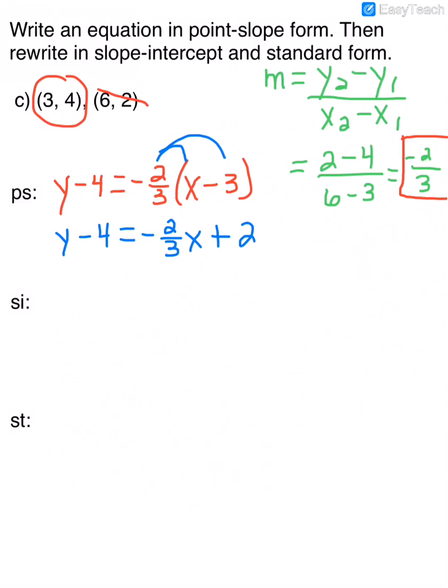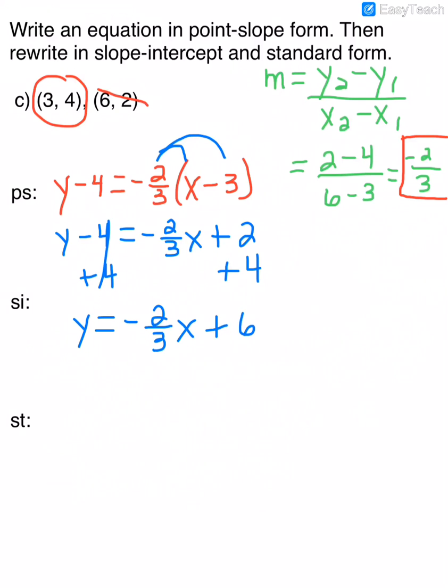And then one more step to get it in slope-intercept form. I need to get the y by itself, so I'm going to add 4 to both sides. Okay, so I get y equals -2/3 x plus 6.